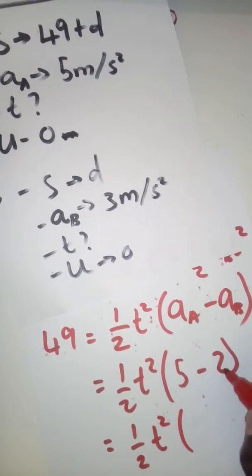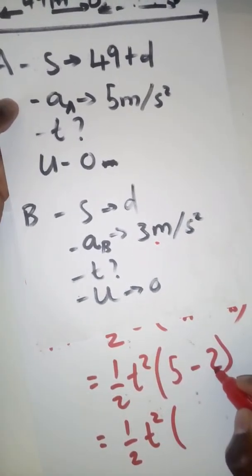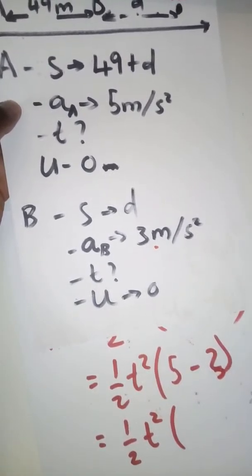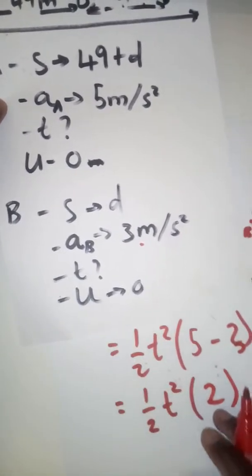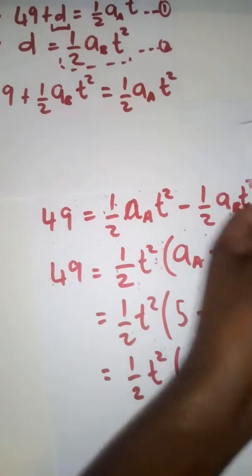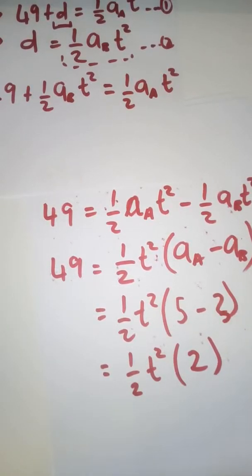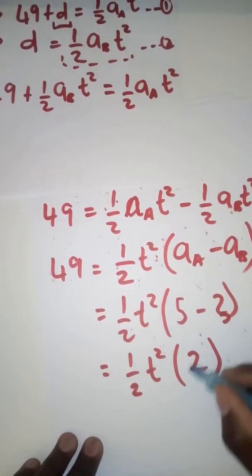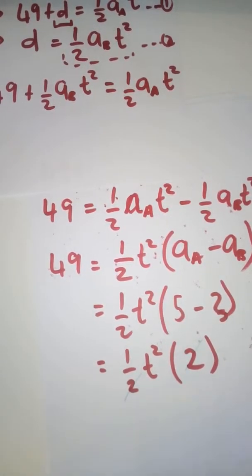I mean, this is supposed to be 3. So 5 minus 3 gives us 2. And it's a half multiplying a 2, so we cancel the 2 out.